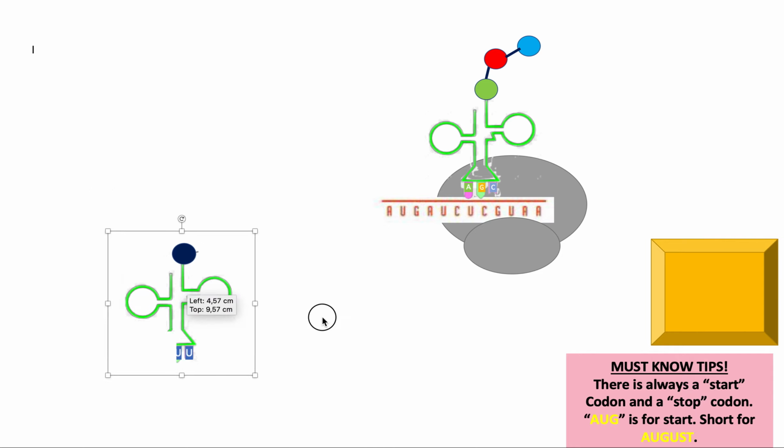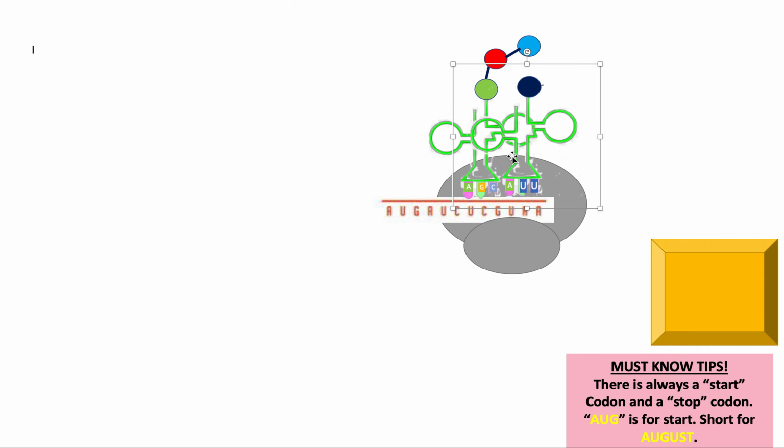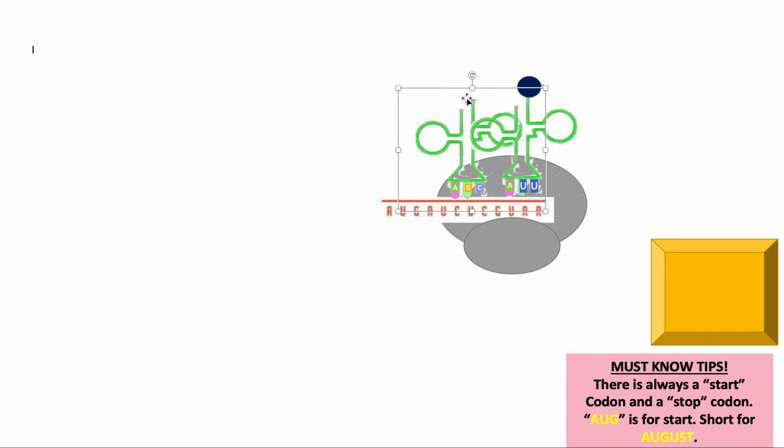And now, last one, U codes for A, A codes for U. So here it will come, and these three again will transfer to the last one. And then what you will have is all of those amino acids being transferred to this one.